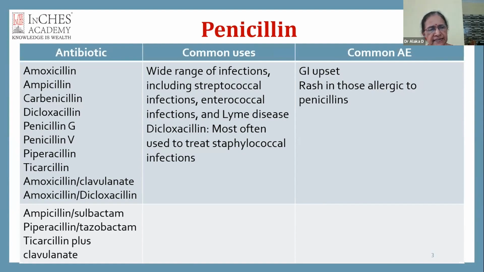These were semi-synthetic and synthetic penicillins, and they include amoxicillin, ampicillin, penicillin G, piperacillin. All these penicillins have a beta-lactam ring, and there are organisms which produce beta-lactamase, and this beta-lactamase will deactivate these antibiotics. And therefore, we add clavulanate or sulbactam, tazobactam.